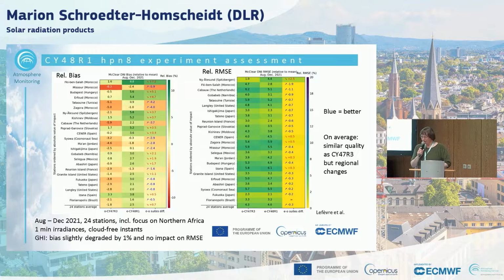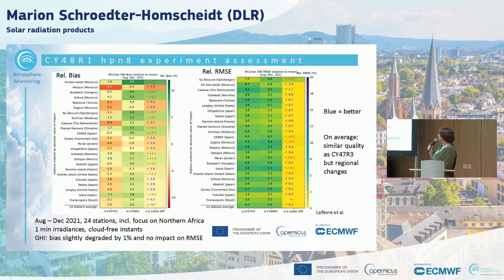And this is an experiment assessment for the new cycle, where we see on the left-hand side biases, on the right-hand side RMSEs, and perhaps if you look into the last column, let's say blue is better and red is worse. And on the lowest part you have the average over all stations. So for RMSEs, a lot of stations are performing much better.